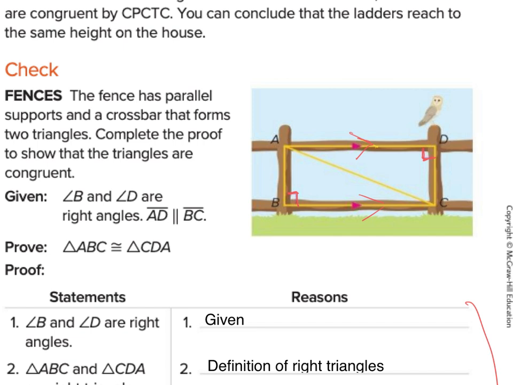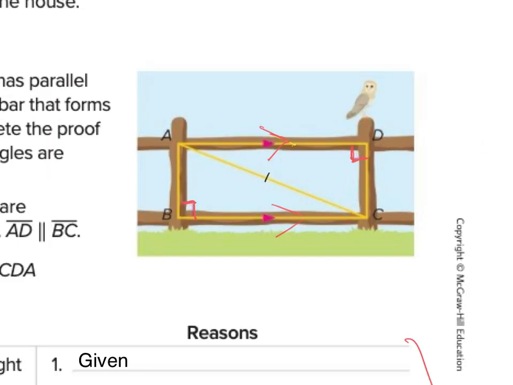If it's parallel, right angles, this hypotenuse is going to be equal to itself. And let's see, what else do we know? If I have two parallel lines cut by this transversal right here, this angle is going to be congruent to this angle.